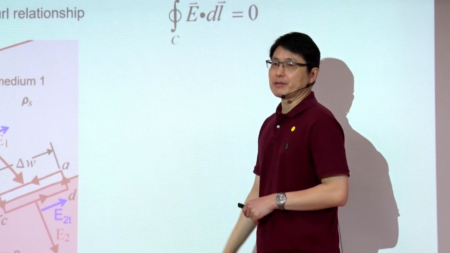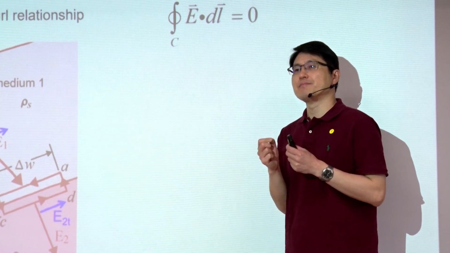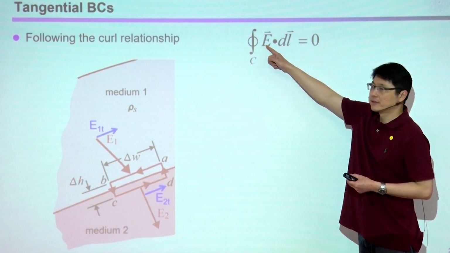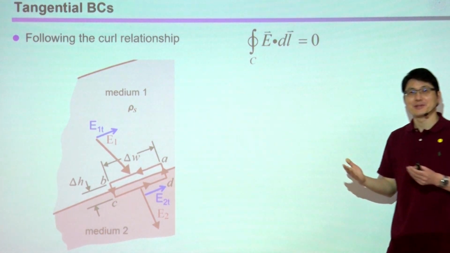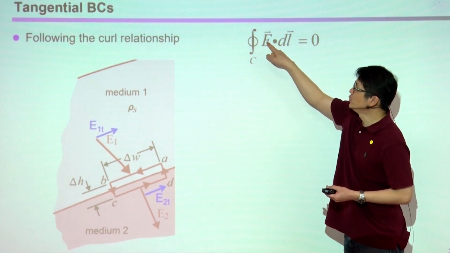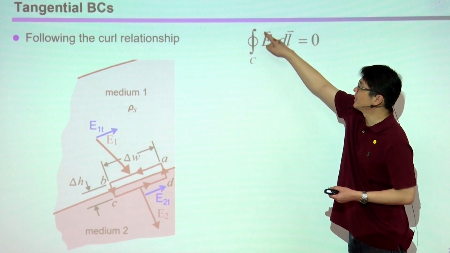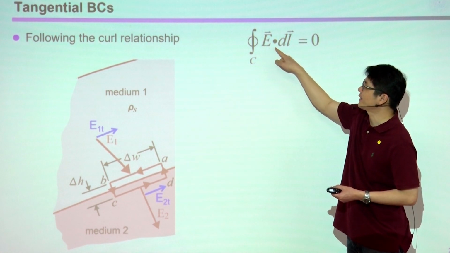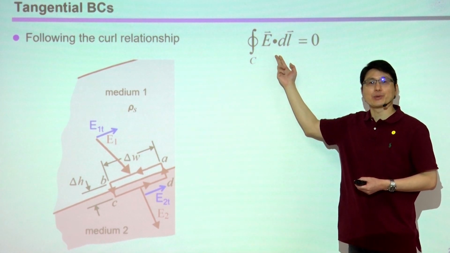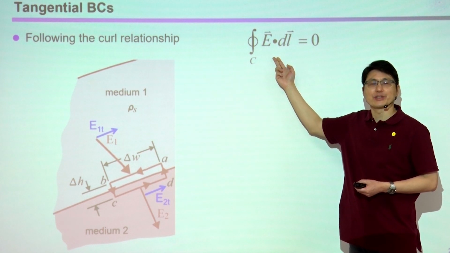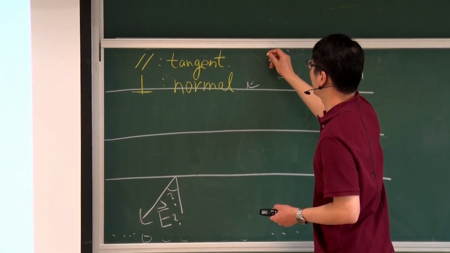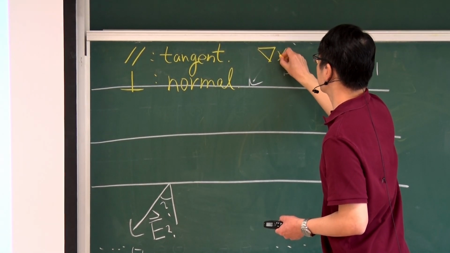If you still remember, the first fundamental postulate tells us, do you still remember? A closed loop evaluation of the E field intensity is equal to 0, but this is in the integral form. What about the differential form? The differential is always coming from the curl relation.